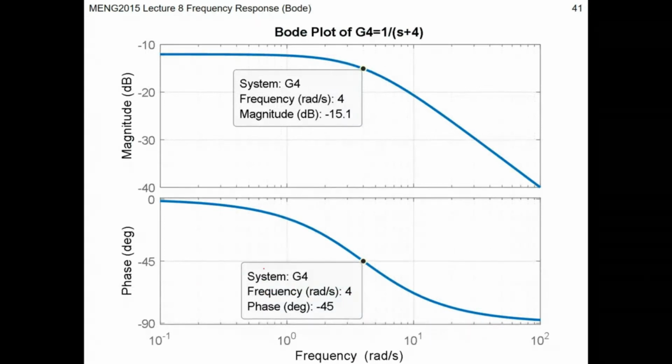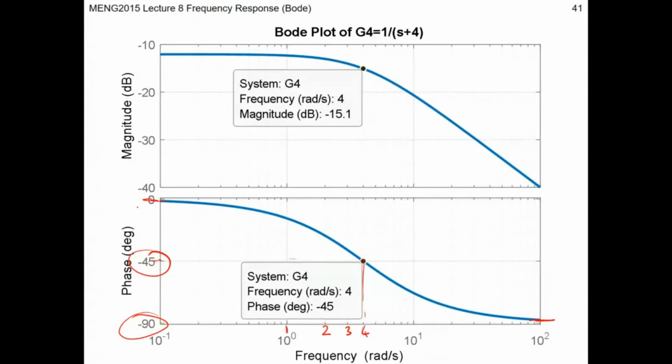So I picked that up on the plot here just to show it, on this bottom plot for the phase plot from MATLAB. When we get up to 4, this is 1, 2, 3, 4, so at 4 radians per second, sure enough, you have minus 45 degrees. And you can see generally that as you go to lower frequencies, you're going to be approaching 0 for the phase. And as you go up to higher frequencies, you're going to be approaching minus 90 for the phase. So that's how this is formed. It's sort of an S-shape curve for the first order lag.